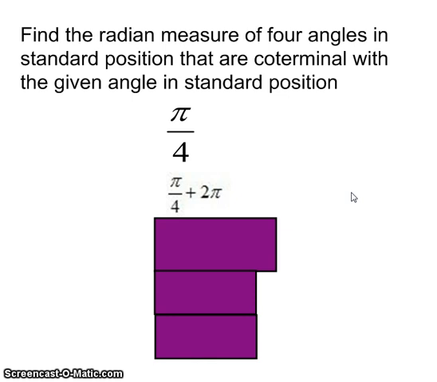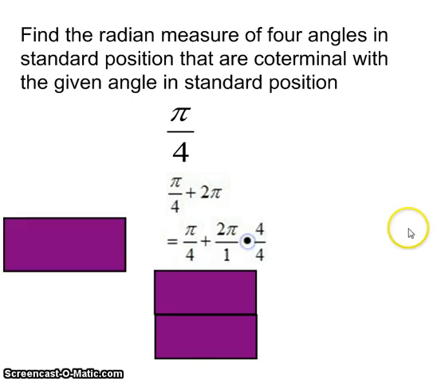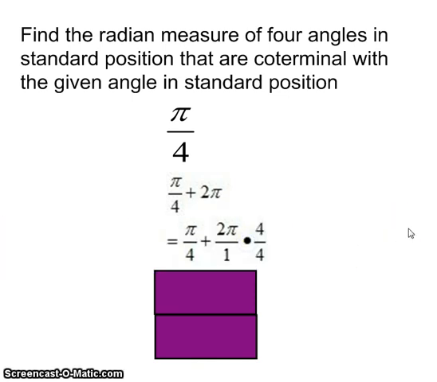All right, so first we're going to just start off with theta, in this case pi over 4, and we're adding 2 pi to that. That's 1 multiple of 2 pi. Well, you need a common denominator, so I want to get both terms with a denominator of 4.